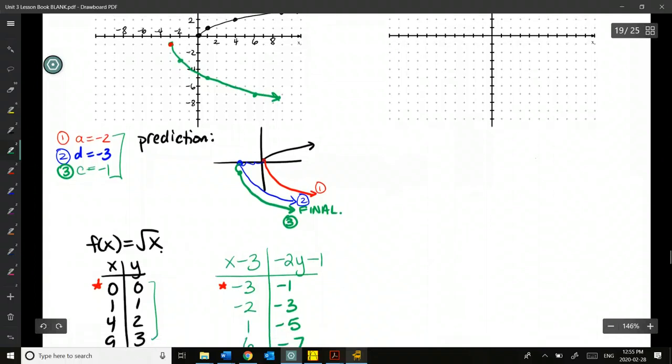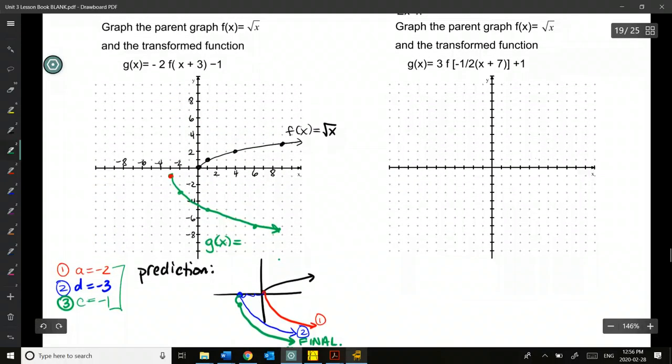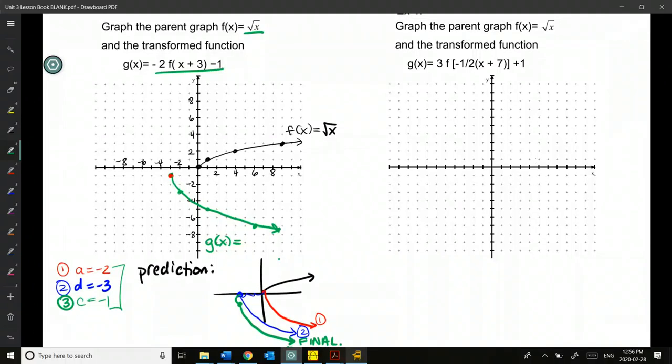How was our prediction? Not too bad, right? Okay, and then final thing, label. What does this look like when we combine this function and this function? No one?